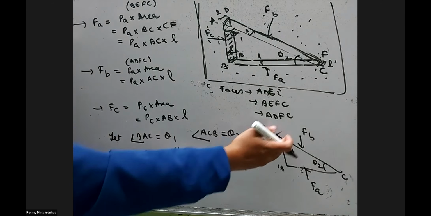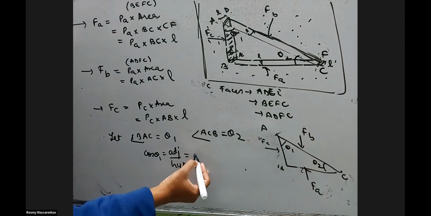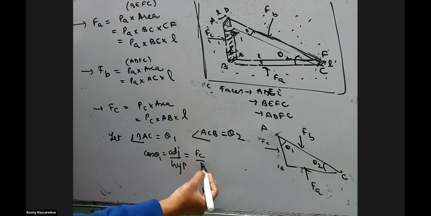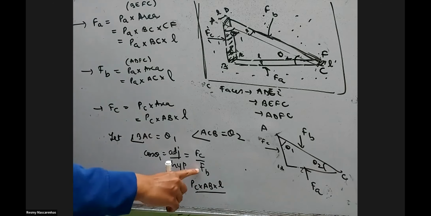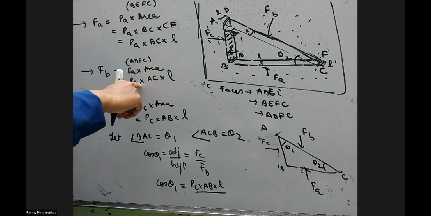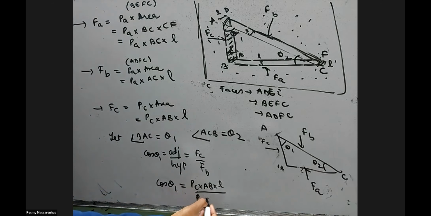We know that it is adjacent upon hypotenuse. So for theta 1, the adjacent is Fc, hypotenuse is Fb. So Fb, just bring this side, or you can keep it that much only. Cos theta 1 is nothing but Fc upon Fb. Put the values of Fc: Pc into AB into L upon Fb, which is Pa. L and L will cancel.